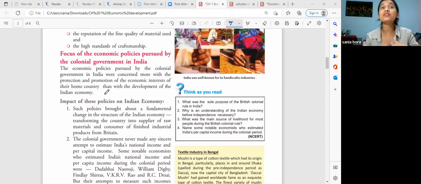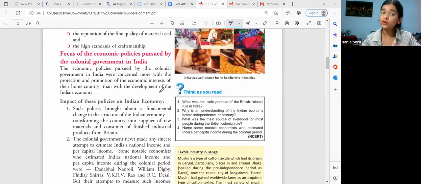So somewhere they were protecting their economy, and promoting: they were selling tables and furniture, promoting that they were very good suppliers of finished goods, very good at making furniture. So this was their motive: first, protecting and promoting their home country, and they did not want to develop India.